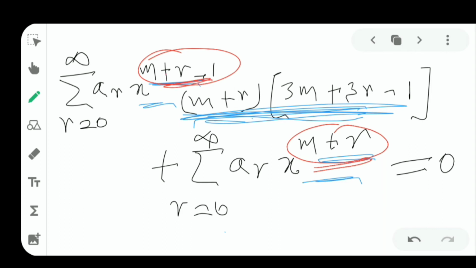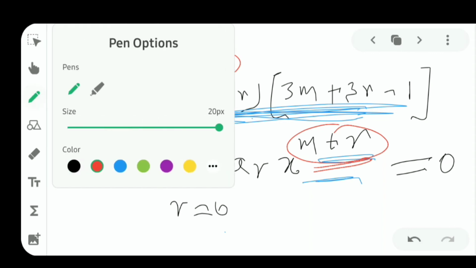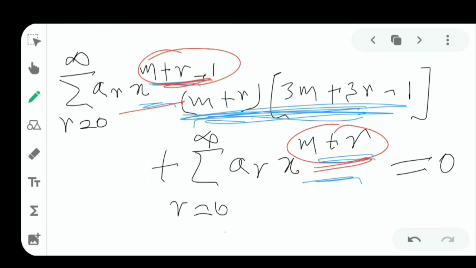We have to make the power the same. For this we use the concept of indexing. If I put r equals r plus 1 in this term, it will look like this.